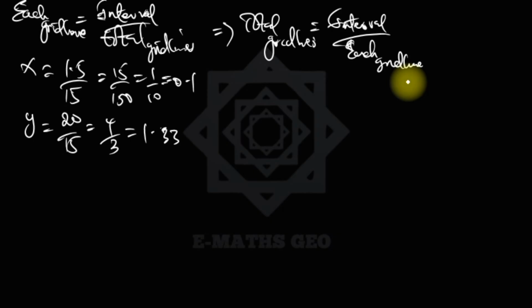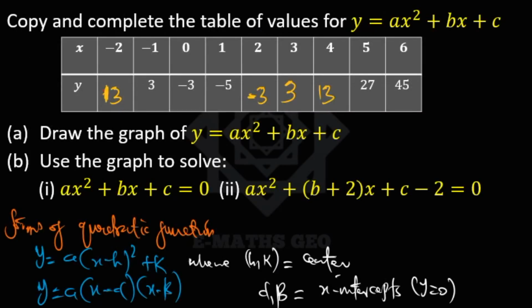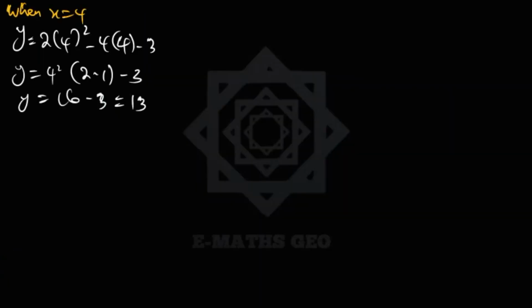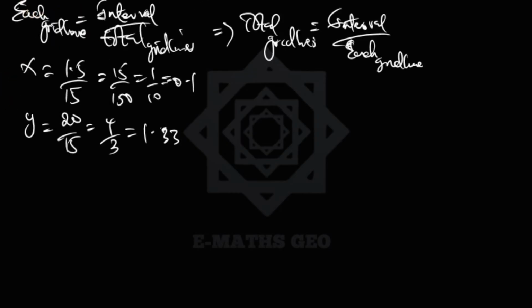So let's do it so that you see what I'm saying. Since I'm looking for minus 2, okay, minus 2 is not seen there. What I'm seeing is minus 1.5. To locate minus 2, remember the minus is just the direction. So for x, to locate minus 2, I'll do 2 over each grid line, which is 0.1.